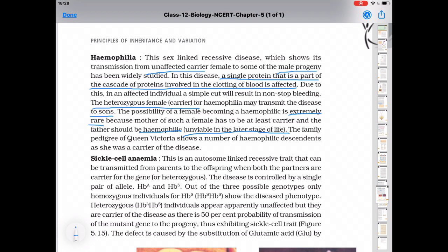Queen Victoria was the carrier, so she transmitted that gene to her sons and showed a number of hemophilic descendants. She passed that gene to many of the male progeny. It is also known as royal disease because it was detected earlier in Queen Victoria's family.